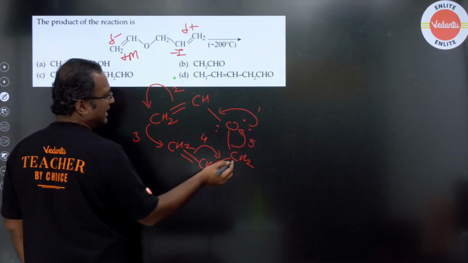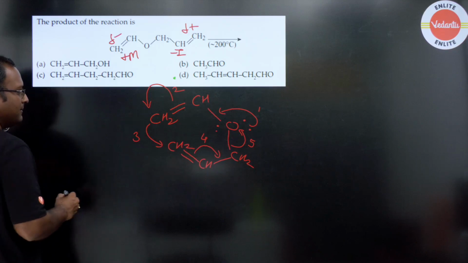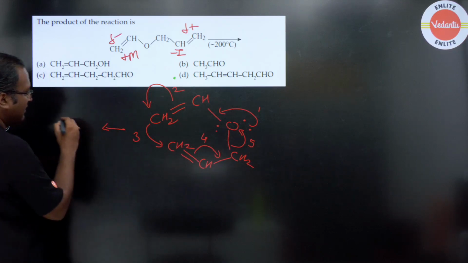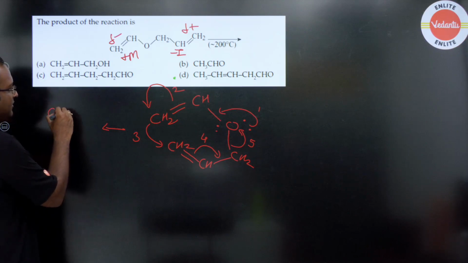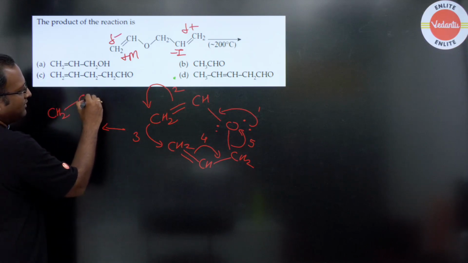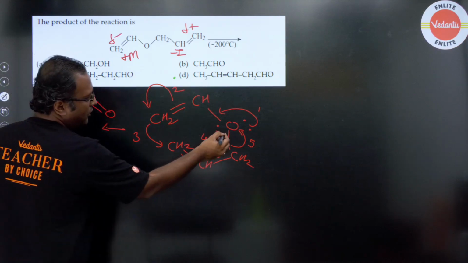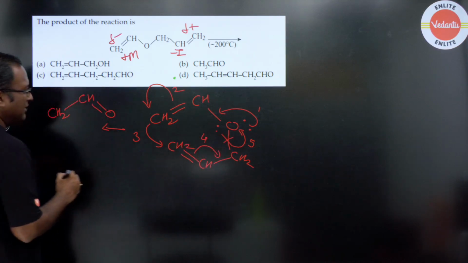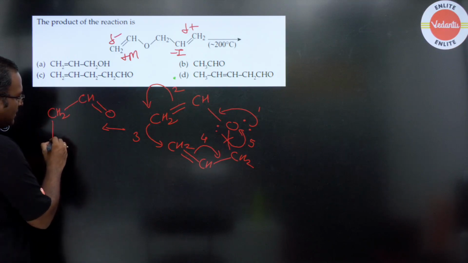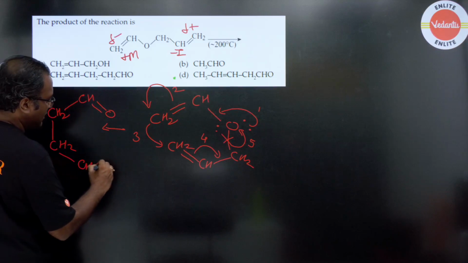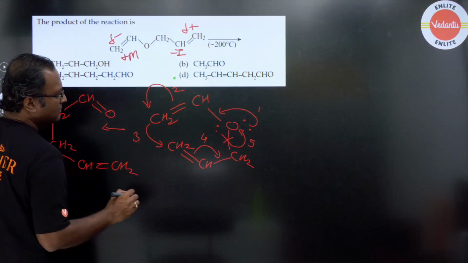Step 5 is breaking of this carbon oxygen bond. So if I have to draw the products out of it, we have CH2 here, we have single bond CH, we now have a double bond O here. This bond broke away, right? So there will be no linkage there. Here we have CH2, then we have CH, then we have double bond CH2.